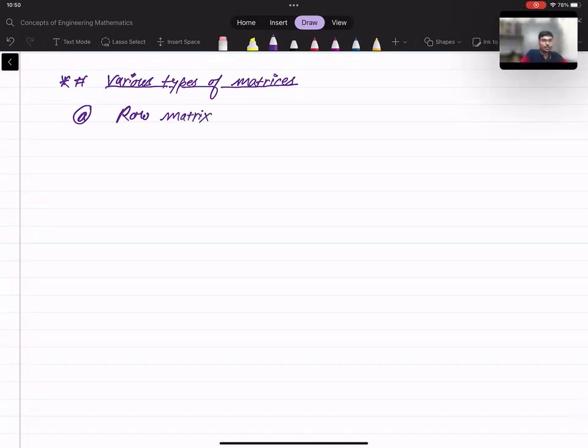So row matrix has only one row and it may have any number of columns.